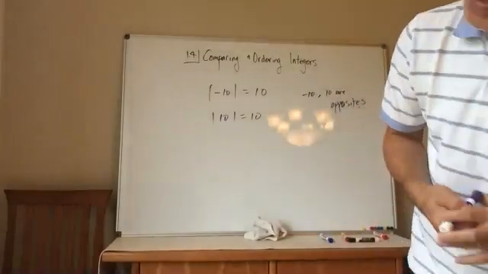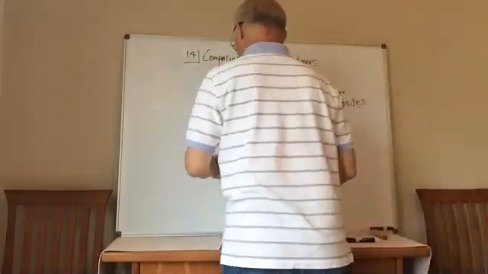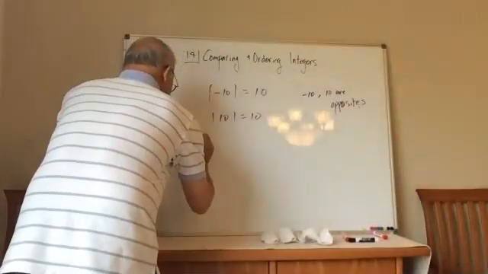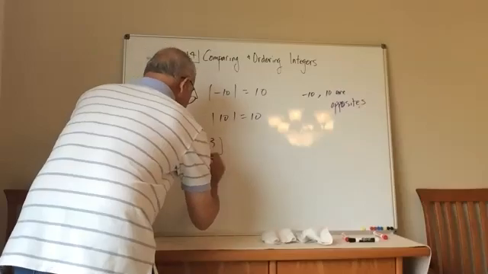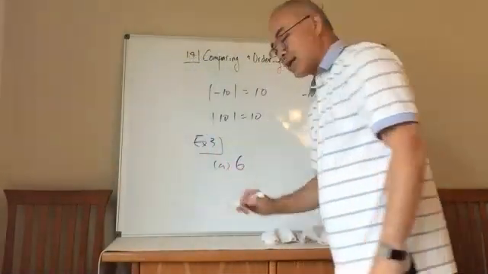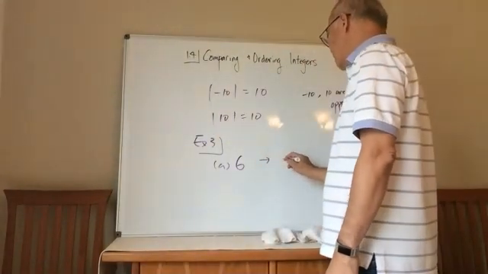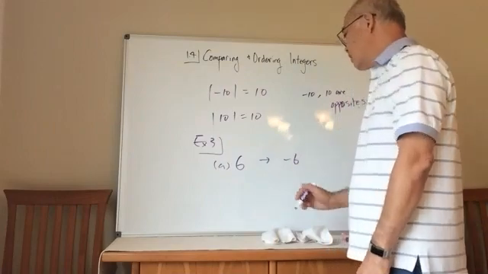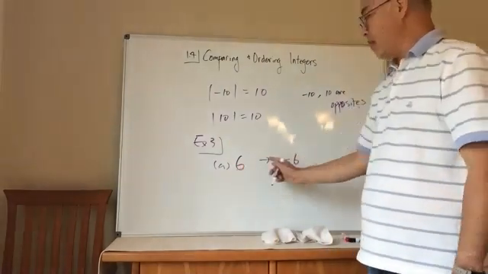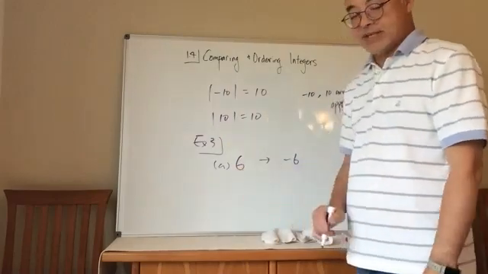Okay. So example number 3, state the opposite of the number. So for example 3a, the opposite of 6 is going to be what? The opposite is going to be negative 6, right? Because they both have the same absolute value. The absolute value of both of these is going to be 6.